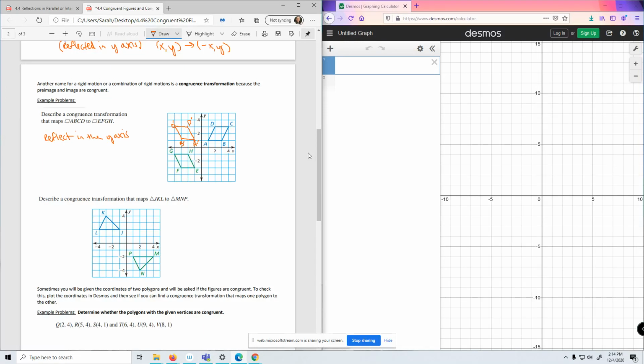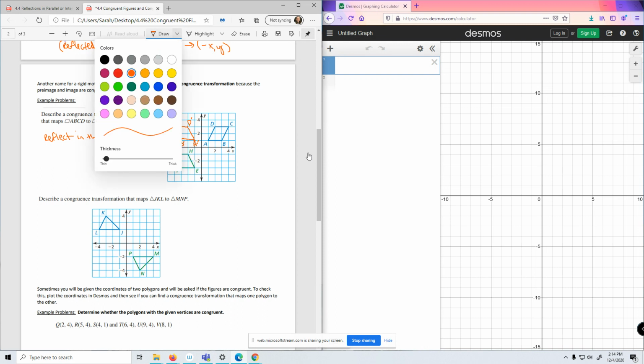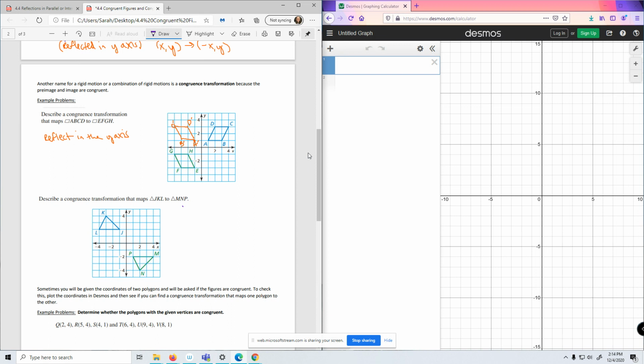Okay, we're closer. How do I get from the orange parallelogram to the green one? Well, it looks like it's just slid down. How many did I slide or move? Pick a point. Let's go with A prime. To get from A prime to E, I'm going down 1, 2, 3, 4. And if I go down 1, 2, 3, 4 for all the other points, I end up at the other vertices.